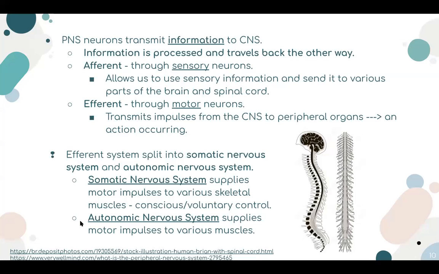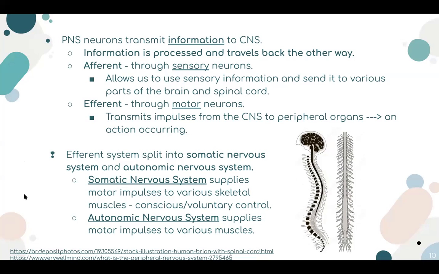Your PNS neurons transmit information to the CNS, and this information is processed and travels back the other way, meaning your CNS is conducting a response to the signal that is received from the PNS.